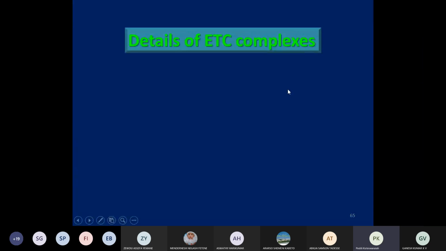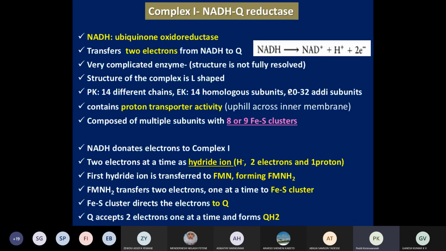Now coming to the details of these complexes, complex 1, complex 2 and complex 3, we know that all these complexes contain many cofactors, so we will discuss them in detail. Complex 1, as I already said, is also known as NADH ubiquinone oxidoreductase.